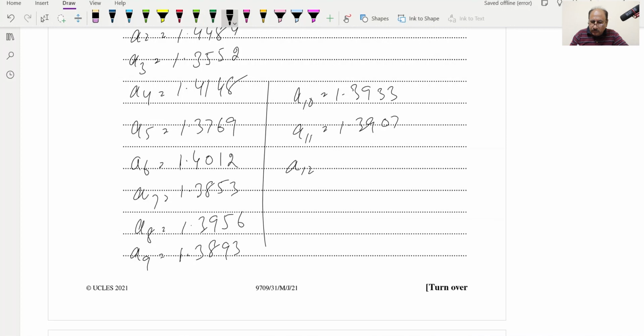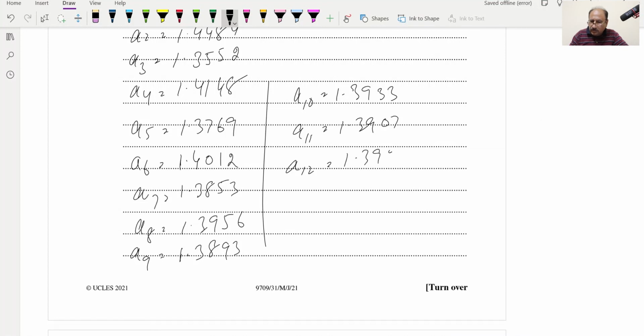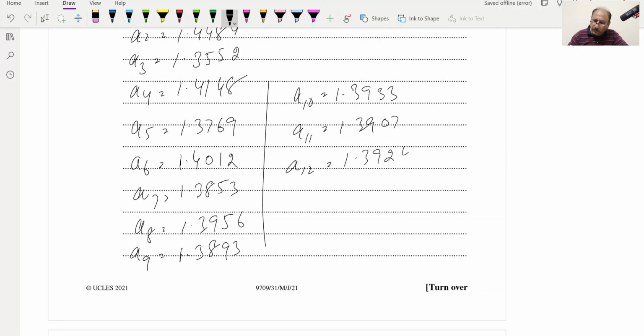So a12 will give us 1.3924. Now we can see these are repeating 1.39 values, so at least we got 3 repeating values up to 2 decimal places. So the root will be 1.39 up to 2 decimal places. This is our final answer.